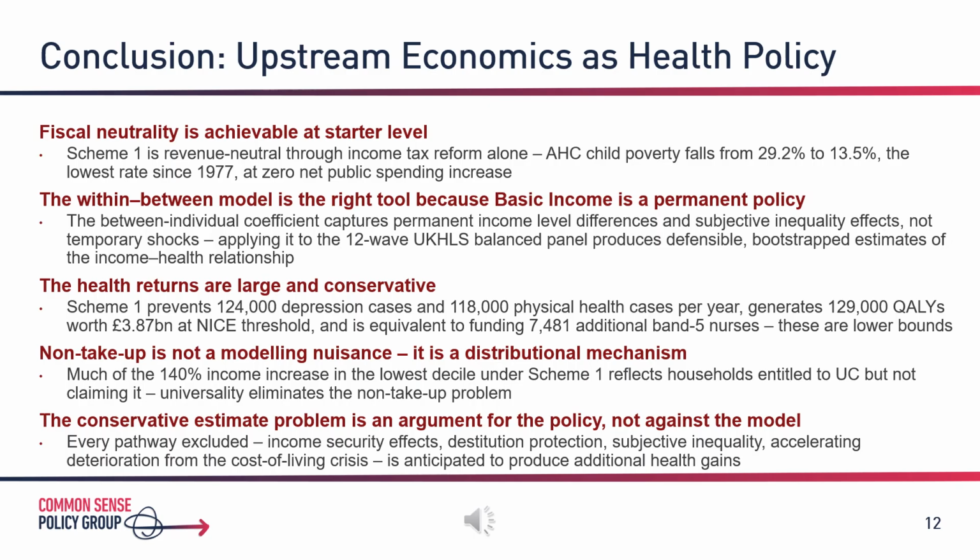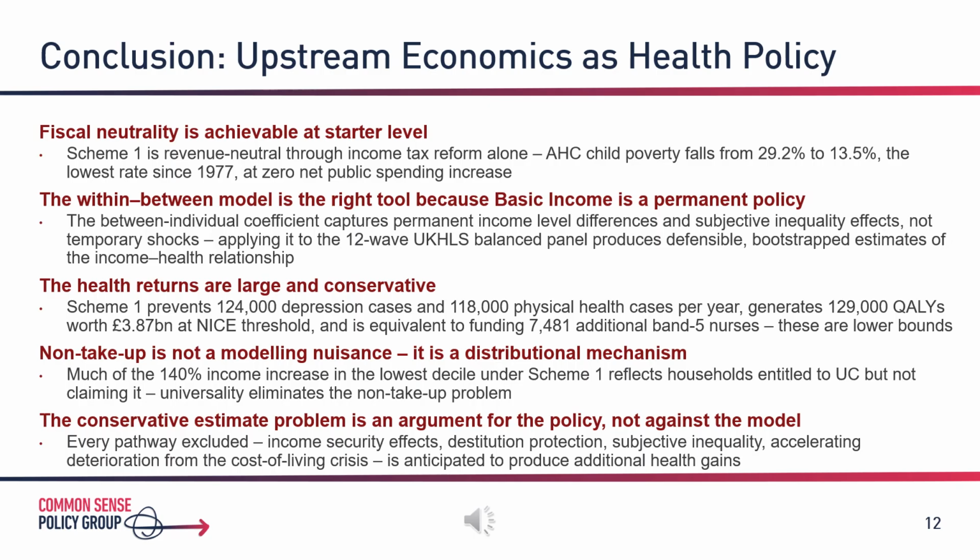The first thread is fiscal neutrality and the affordability objection. The critique that basic income is unaffordable has been the dominant obstacle in policy debate. Reed et al.'s modelling addresses it directly. The starter scheme is revenue neutral, funded entirely by income tax reform, requiring a basic rate of 23%, barely above the current 20%.